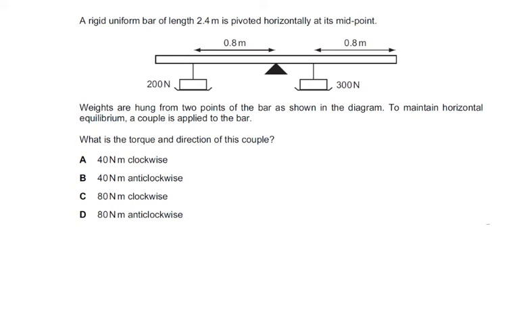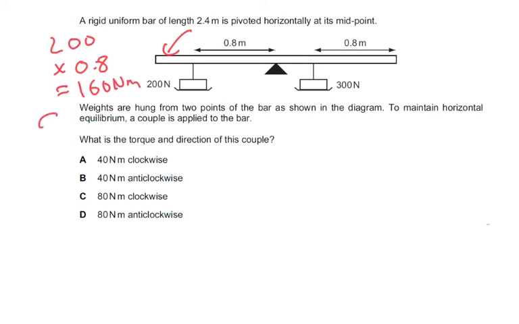So what we need to do is work out the overall moment around the beam, and then the couple is going to have to be in the opposite direction to keep this balanced. So here, going around anti-clockwise, we've got 200 newtons times a distance of 0.8, which is 160 Newton meters.